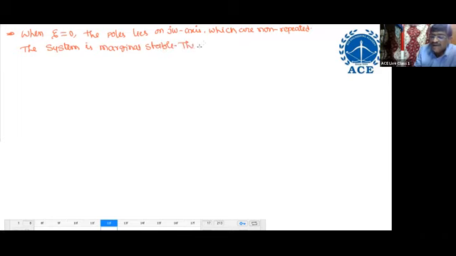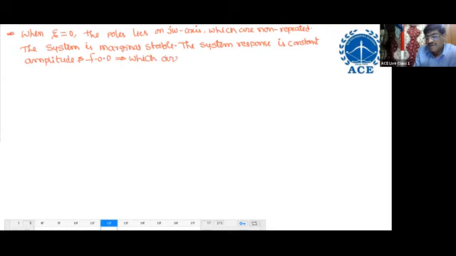The system response is constant amplitude and frequency of oscillations, which are called undamped oscillations.